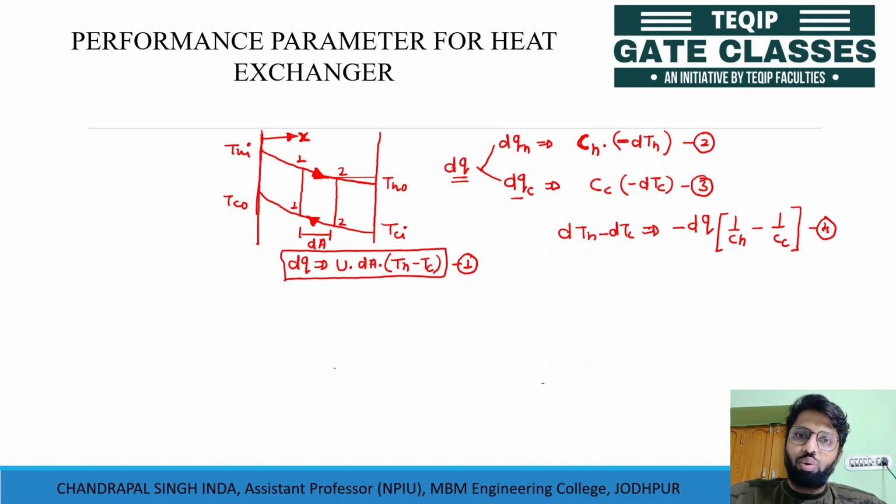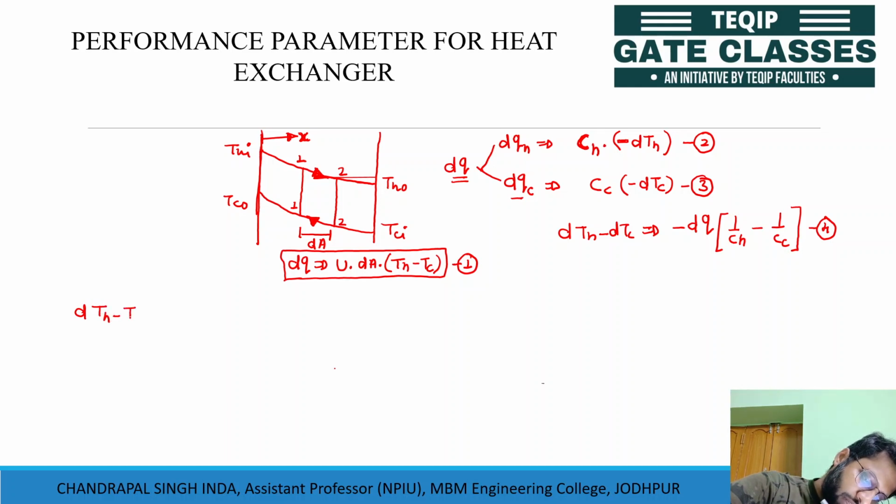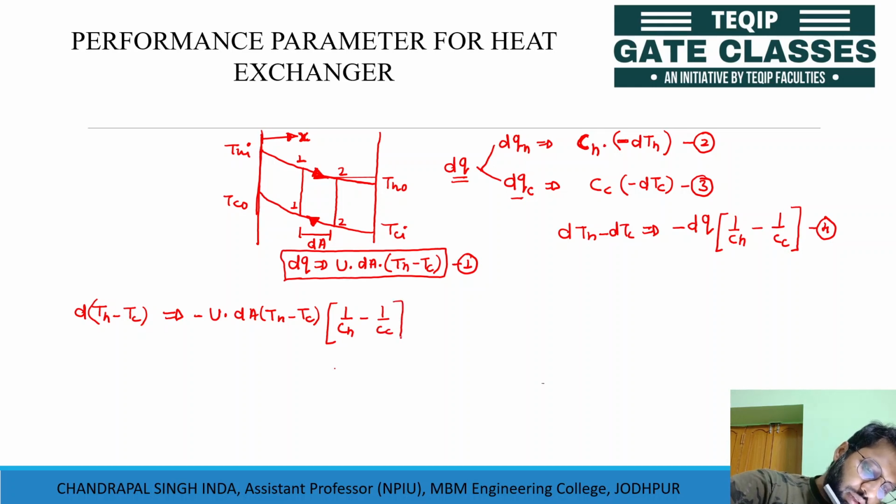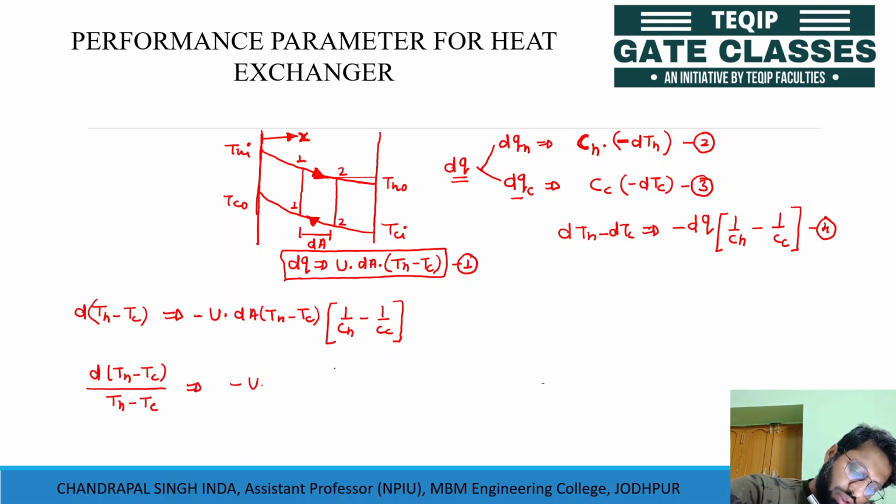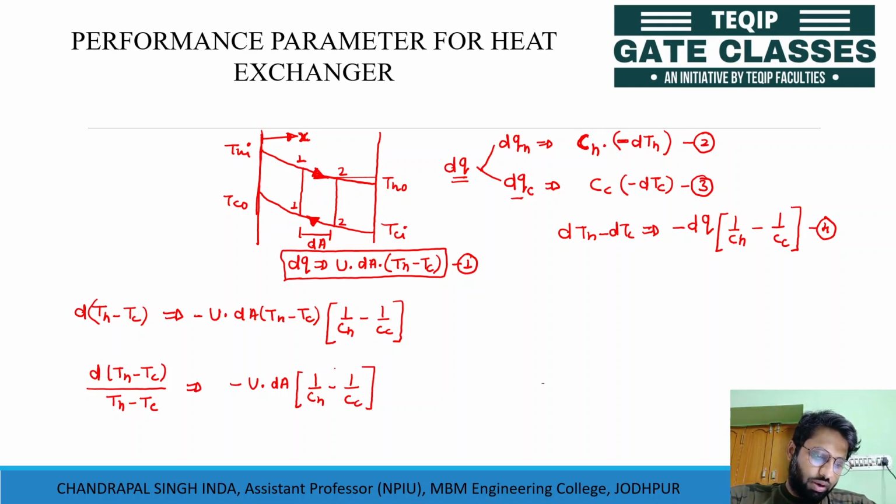So in equation number 4, we can put the value of delta Q from the equation number 1, and we will have delta Th minus delta Tc, that will be equal to the minus U dA times Th minus Tc times 1 by Ch minus 1 by Cc, and this equation can be written as delta Th minus delta Tc divided by Th minus Tc will be equal to the minus U dA times 1 by Ch minus 1 by Cc.